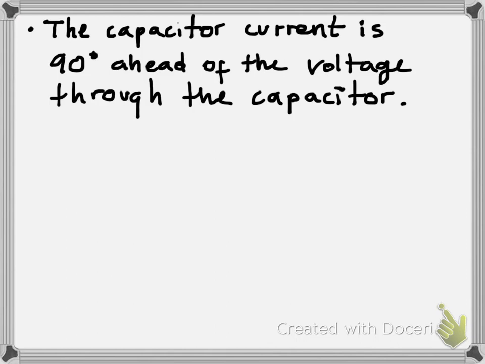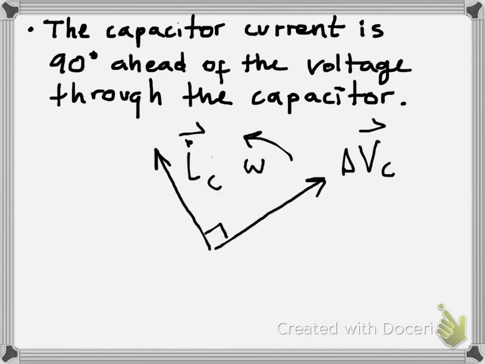As we said before, the capacitor current is 90 degrees ahead of the voltage through the capacitor. Another very useful tool to deal with AC circuits is to visualize the current and the voltages as vectors that are rotating with an angular frequency omega.